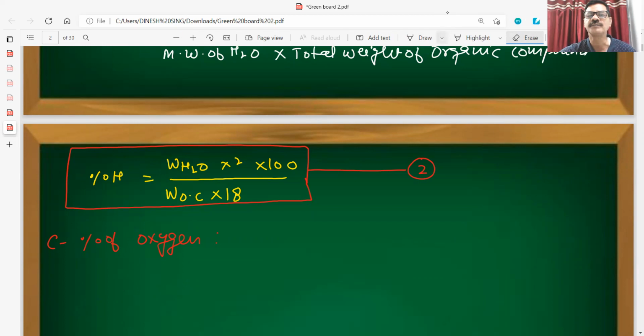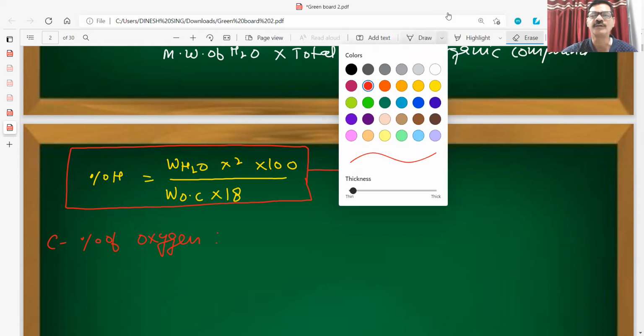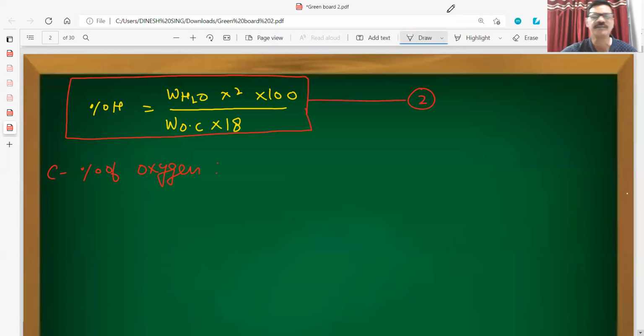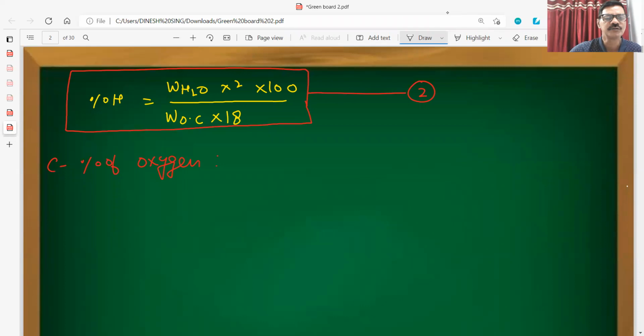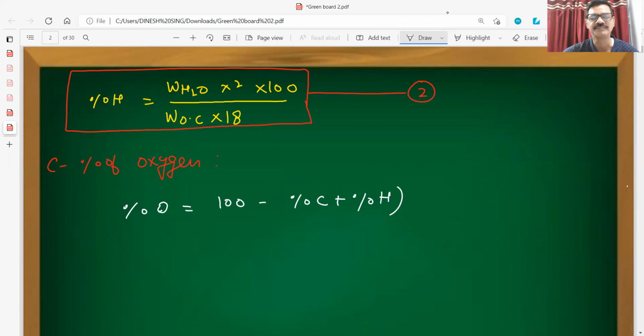So if we subtract the sum of hydrogen and carbon percentage, then we will get the percentage of oxygen. So percent of oxygen will become equals to 100 minus the percentage of carbon plus percentage of hydrogen.